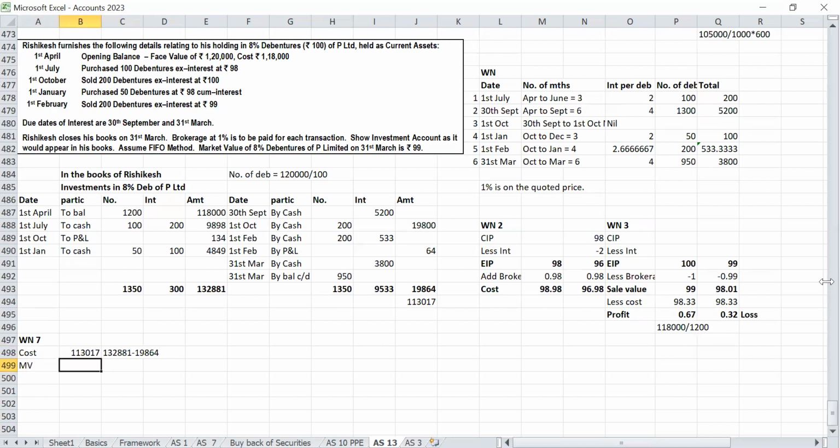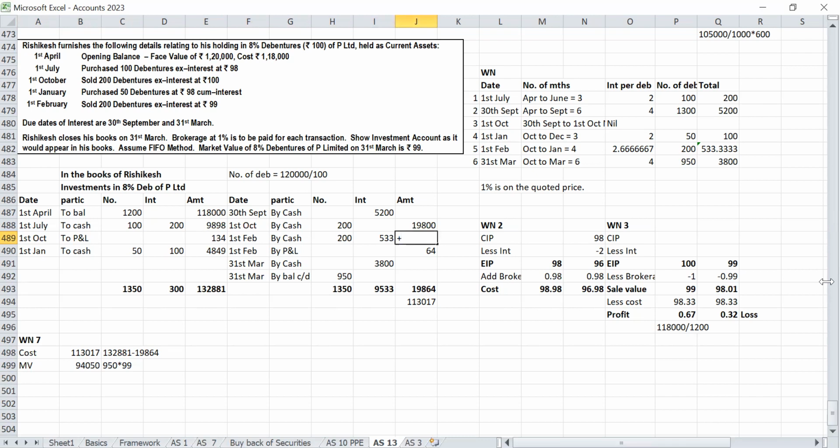And market value is 950 debentures of closing market value என்ன? 99. Closing market at 8% of debentures. மிஸ் பண்ணிட்டோமா? ஏய் இங்க அமௌண்ட் போடல.